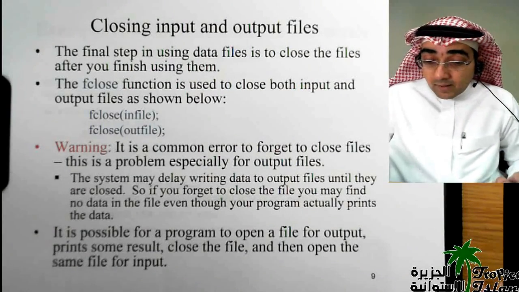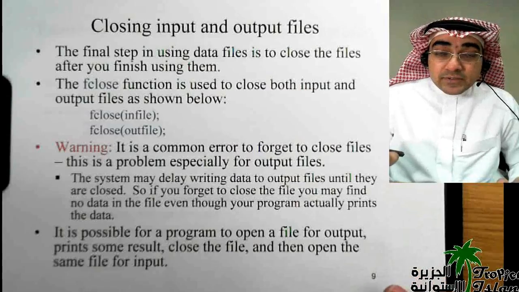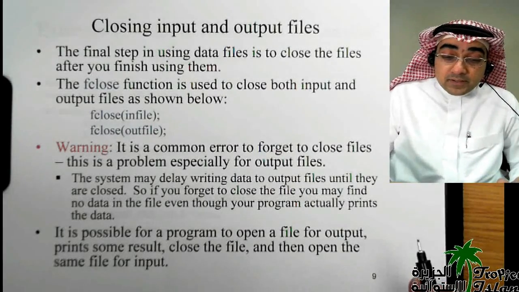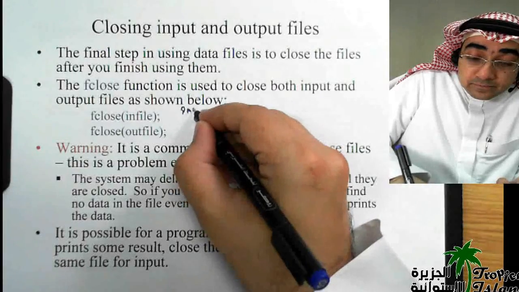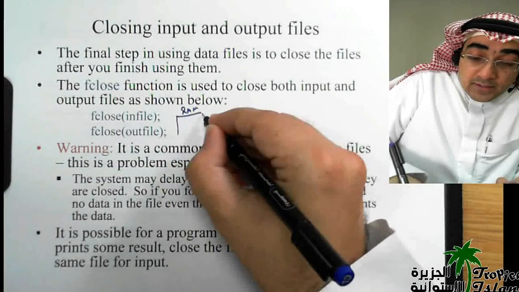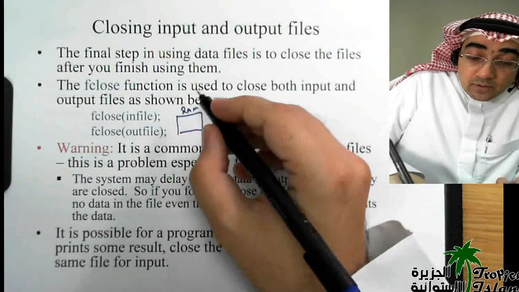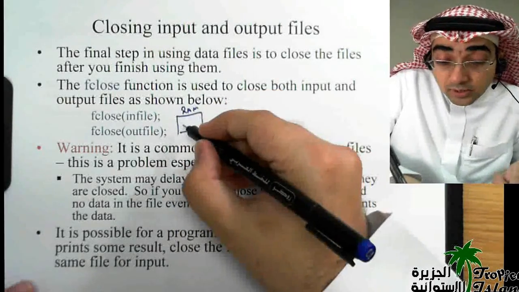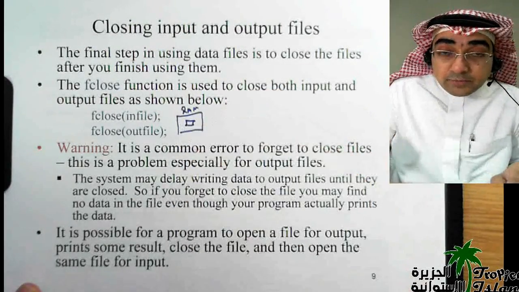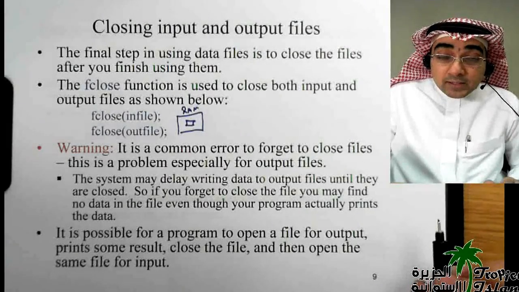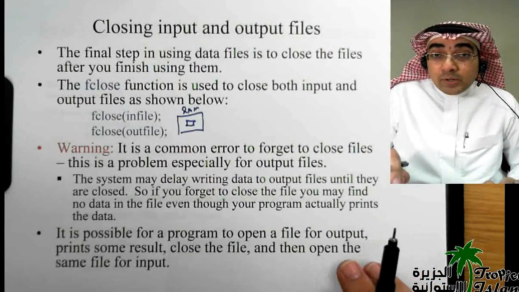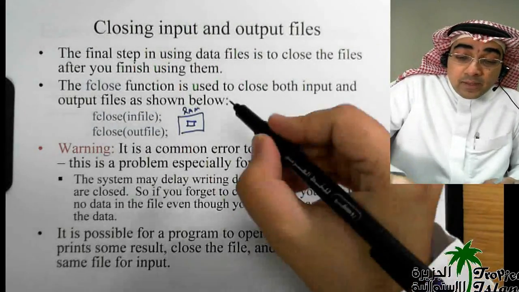Okay, so I'm going to explain in detail now what file opening basically does. When you declare a file pointer, you go to the RAM, and inside the RAM of your program, you allocate a variable which is capable of pointing to a file, correct? Now when you open a file, you don't go and point to the hard disk directly.